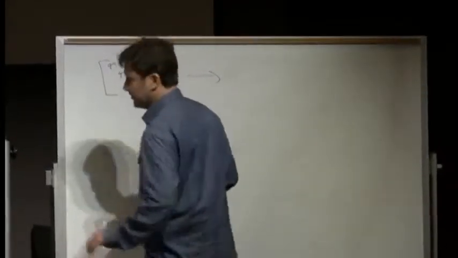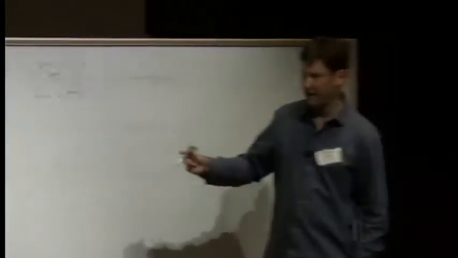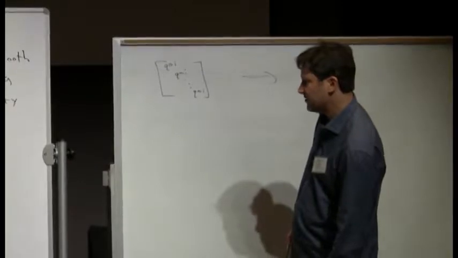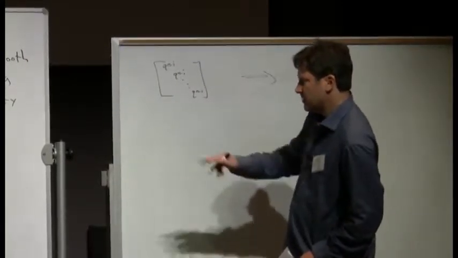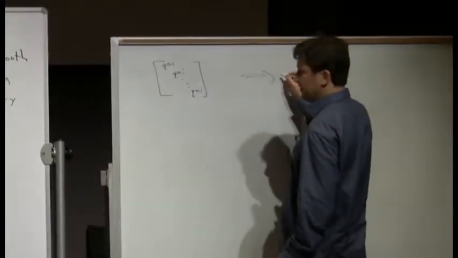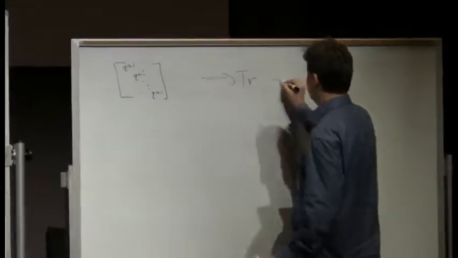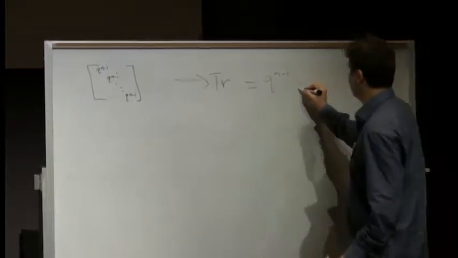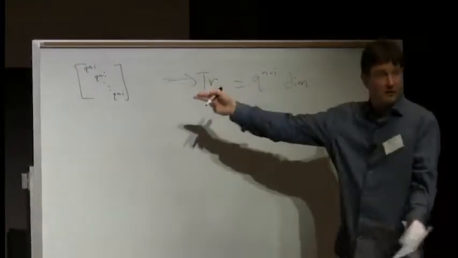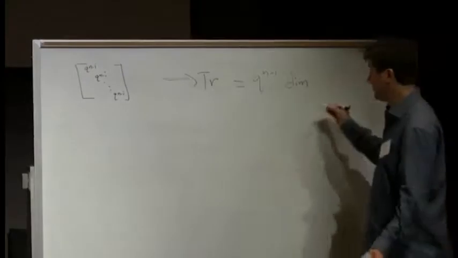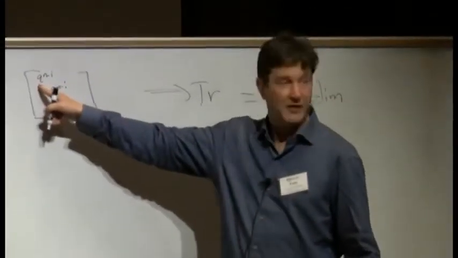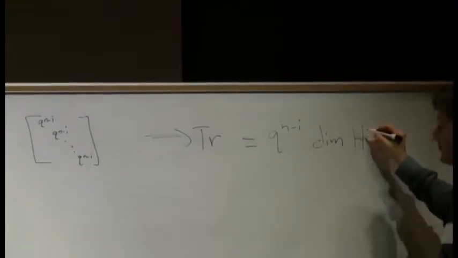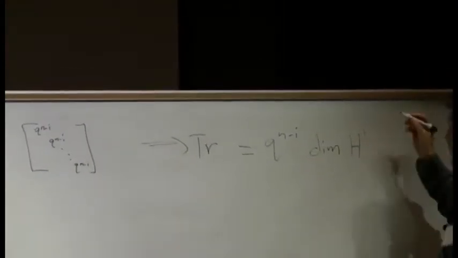This implies, I'm thinking of it as a diagonal matrix in this picture, but if all the eigenvalues are q to the n minus i, this means that the trace of this mystery thing is just q to the n minus i times the dimension. Right? You just take out the q to the n minus i. And the trace here is going to be q to the n minus i times the size of the matrix. So it's just the dimension of this mystery ith étale cohomology group.